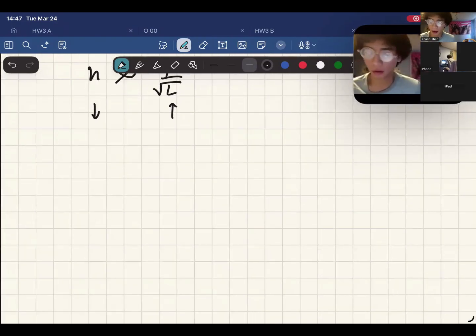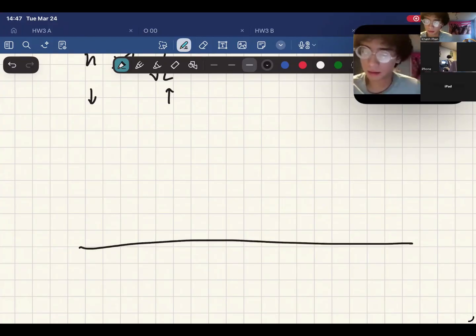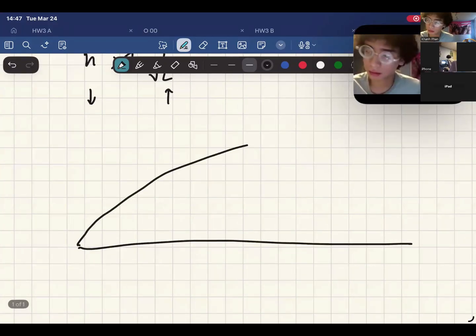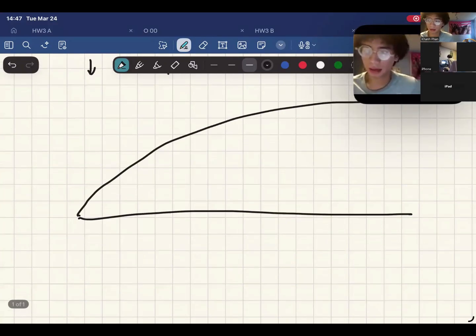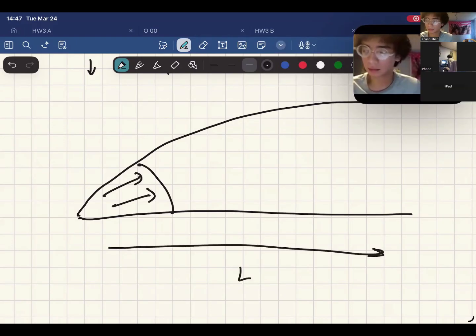And so now we're gonna draw the boundary layer for the flow, and we can observe this phenomenon. So we see that the boundary layer gets thickened as the length progresses.